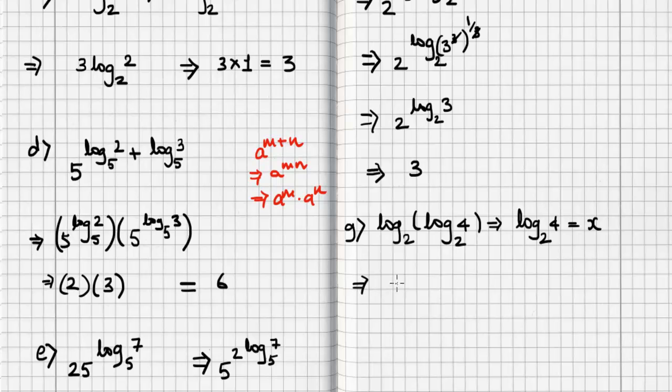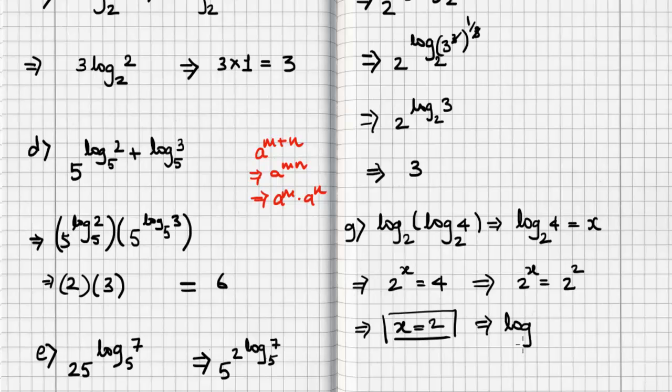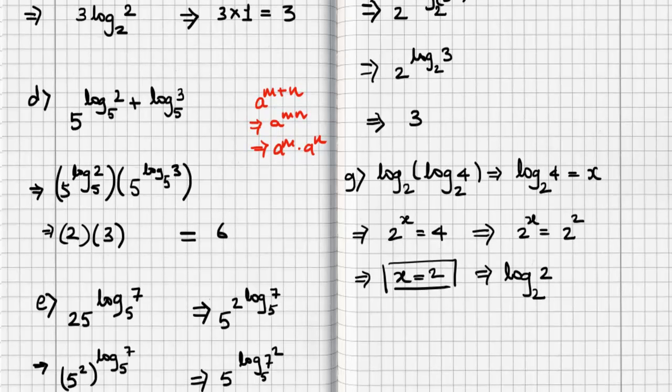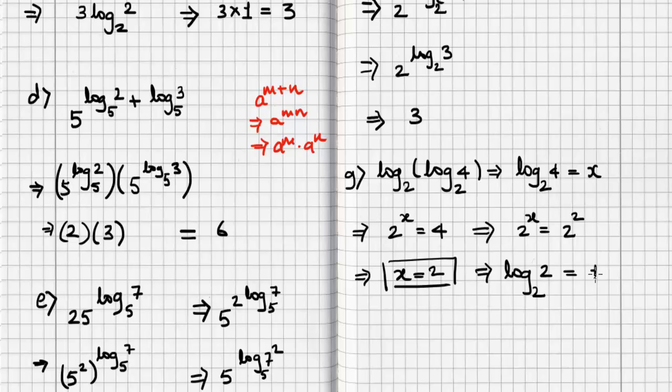Now this can be written in index form as 2 to the power x is equal to 4, which is 2 to the power x is equal to 2 square. Now this will give me the value x is equal to 2. So I'll insert the value of x here. So what I'm going to have is log to the base 2 of 2. We know that log of 2 to the base 2 is equal to 1. Hence 1 is your answer to the question G.